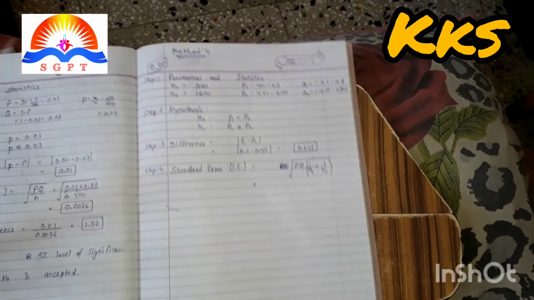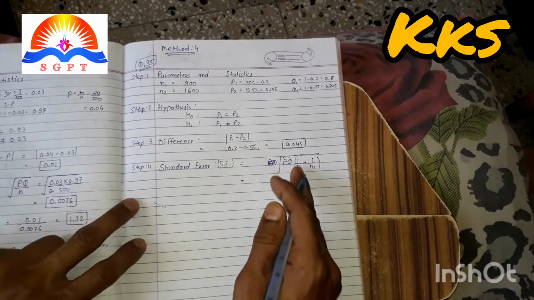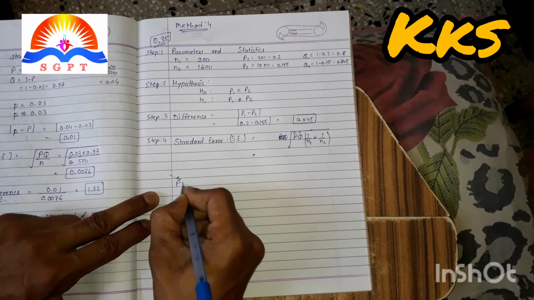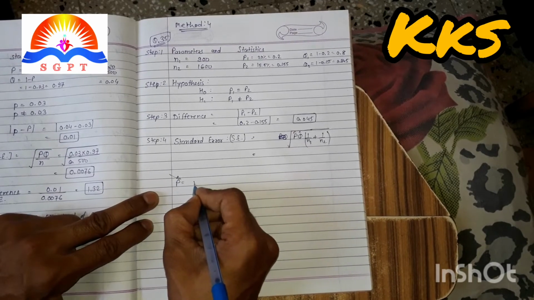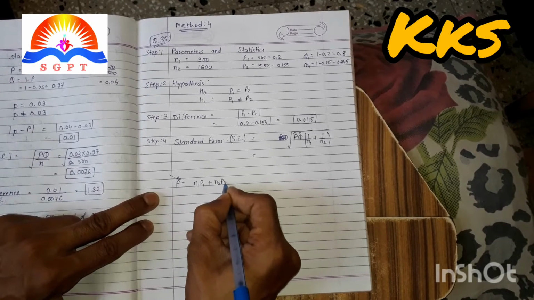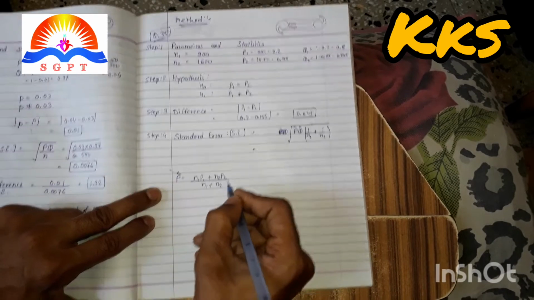So first of all we find P cap and Q cap. P cap can be calculated as N1 P1 plus N2 P2 divided by N1 plus N2.